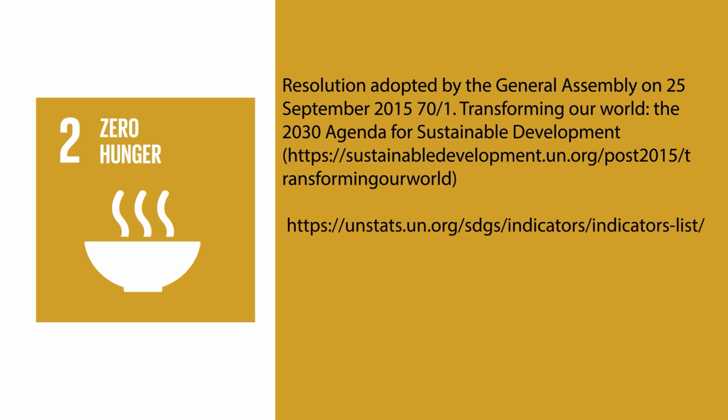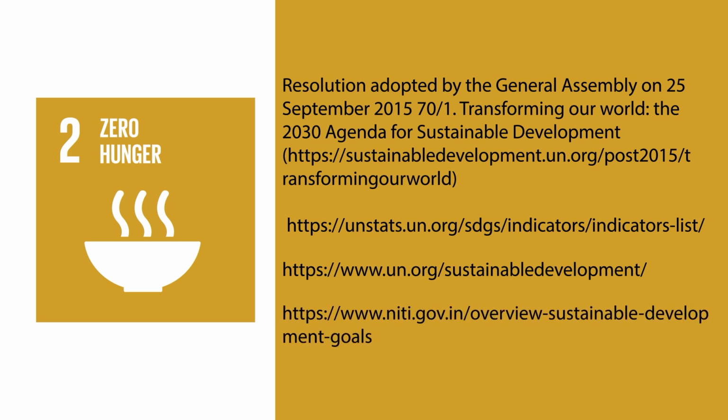The other issues are conflict, economic crisis, and high food prices. These are directly related to decreasing purchasing power of the people, which directly impacts access to food, negatively affecting food security and nutritional outcomes.